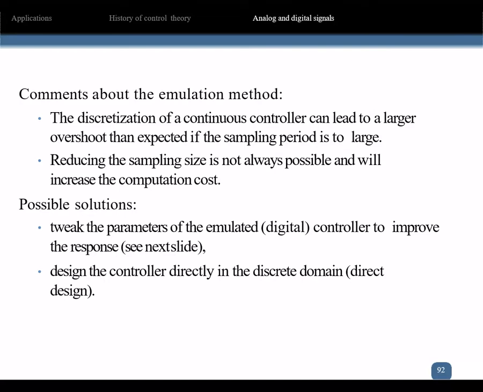Okay, comments about the emulation method. The discretization of the continuous control can lead to a larger overshoot than expected if the sample period is large. This is very important. If the sample time is 0.1 or 1 or very big, you have an overshoot in the discrete time.